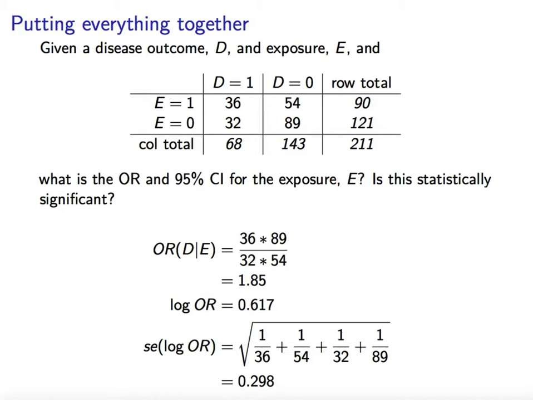Our odds ratio is 36 times 89 divided by 32 times 54, which is about 1.85. Our log odds ratio is the log of that, which is 0.617. The standard error for our odds ratio is 1 over 36 plus 1 over 54 plus 1 over 32 plus 1 over 89. You get those numbers from up here, which is about 0.298.